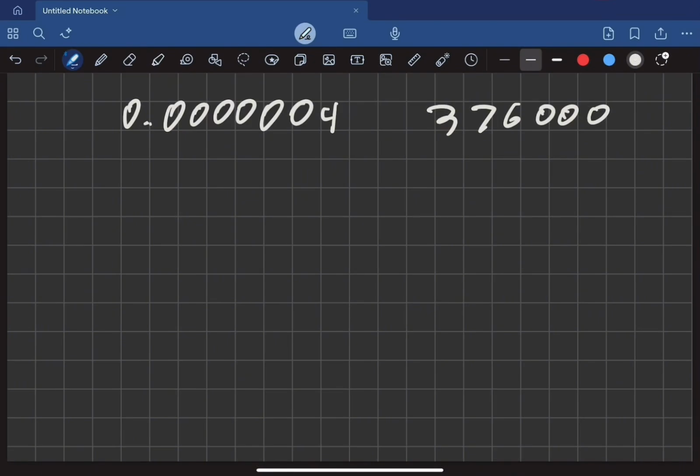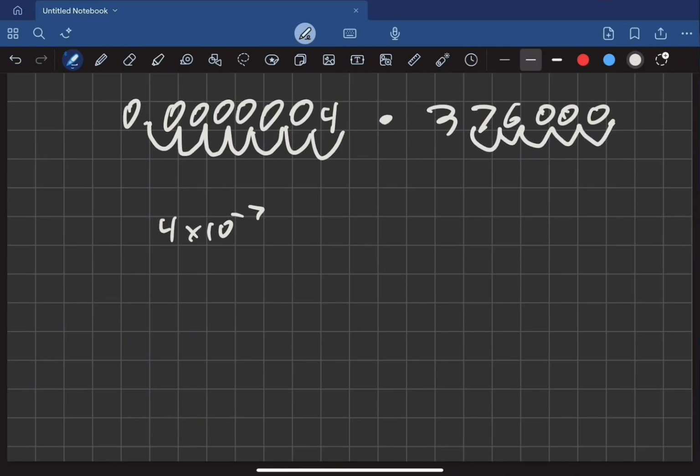What we would do is 1, 2, 3, 4, 5, 6, 7. So this will be 4 times 10 to the negative 7th. And we'd multiply that by 1, 2, 3, 4, 5. So multiply that by 3.76 times 10 to the 5th.